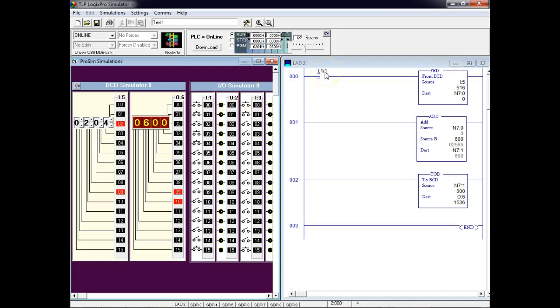I'm just doing this to load it. We could take this out and do it instantly. Not on Logic Pro.